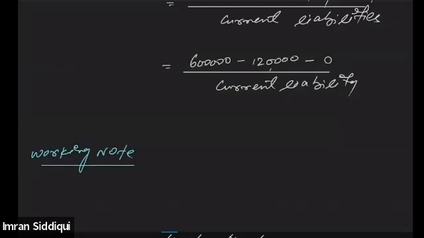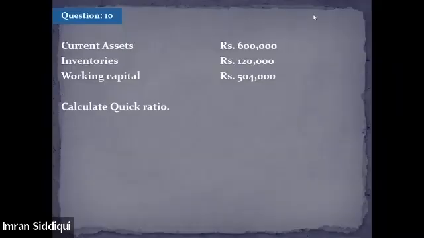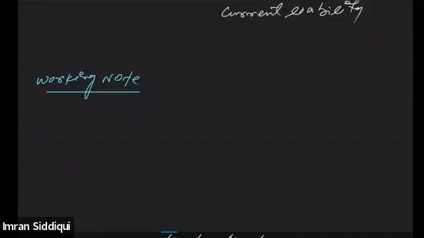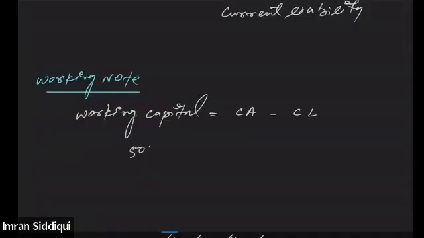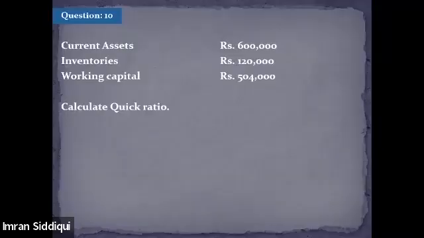Right? Now see, we are provided with the working capital. And do you know the formula for working capital, Eben and Mariam? Working capital is current asset minus current liability. So working capital is already given as 5,04,000. And current asset is also there, 6 lakh.